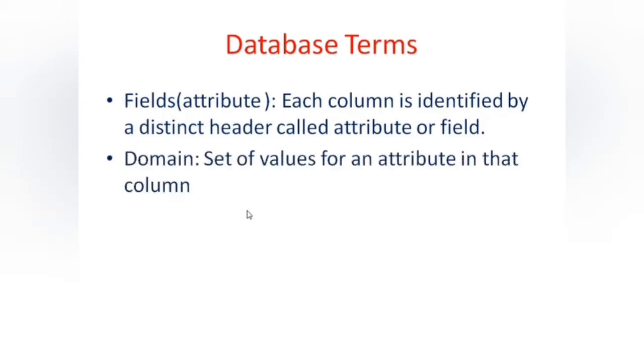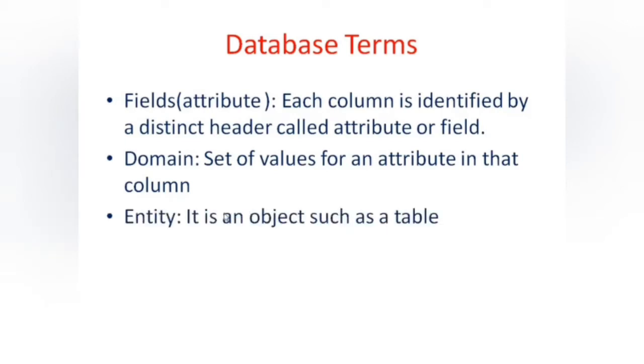Again, if you consider any field, whenever you are entering values into it, you are supposed to enter only permissible values in it. So that will be called as domain. So now what is domain? Domain is a set of permissible values for an attribute in that column. And there is one more term in the database that is called as entity.